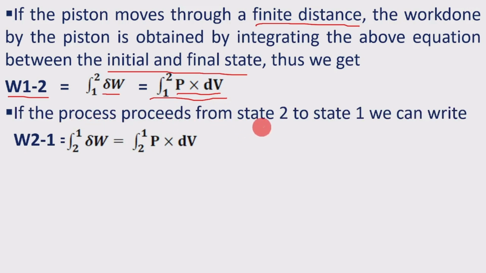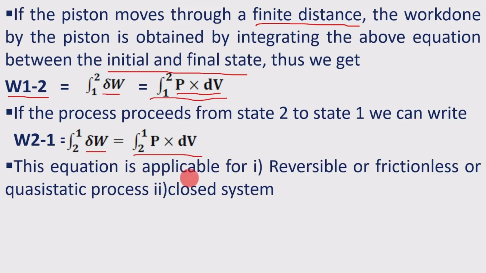If the process proceeds from state 2 to state 1, we can write W2-1 equal to the integration from 2 to 1 of delta W or dW, which is the integration from 2 to 1 of P dV. This is the work done during the return process.